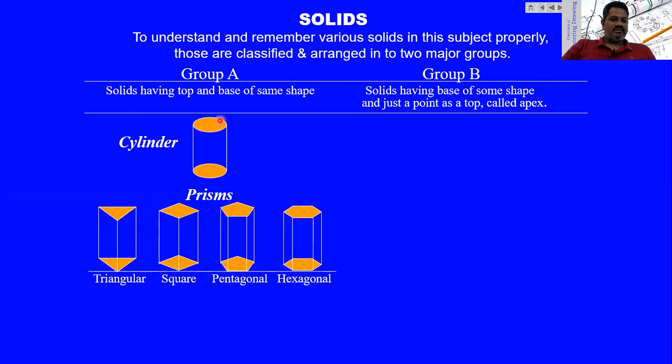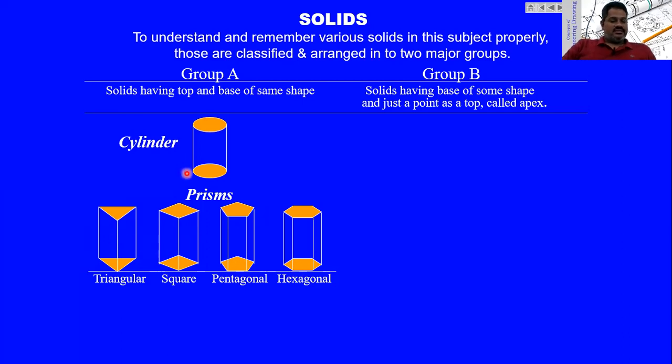In the cylinder we have the circular shape at top and bottom, whereas in the case of prisms it can be a triangle, a square, a pentagon, a hexagon, or an octagon.